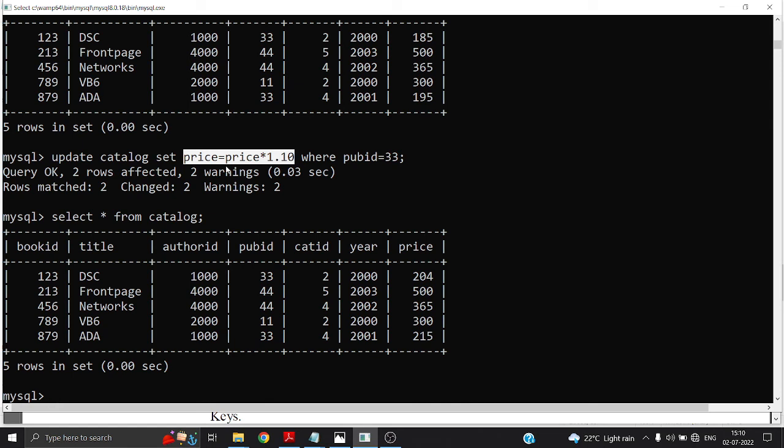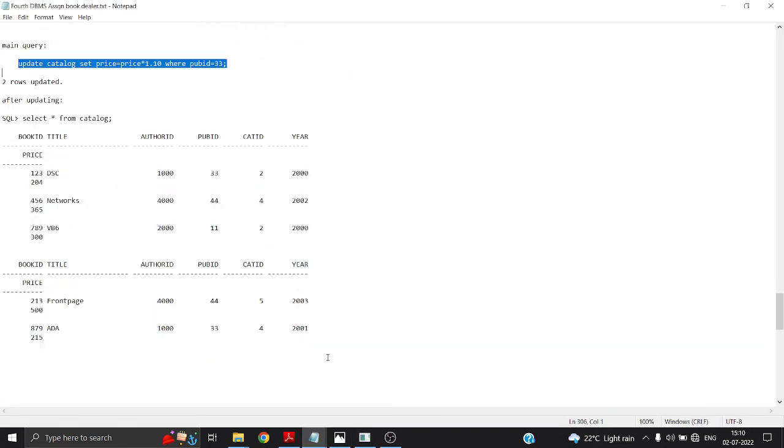So price equal to price plus price into 0.10, then we take the price as common. Let me show you in the text editor how this expression is going to be.